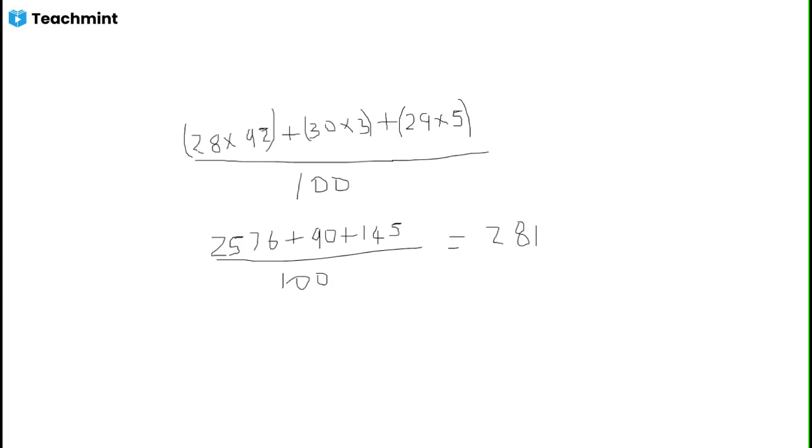Taratibu tu, then all over 100. 28.11. Very good. Now, the RAM has no units, so that is the answer. It has no units. That is the answer.